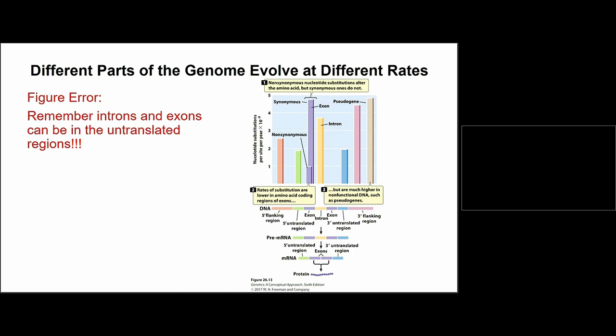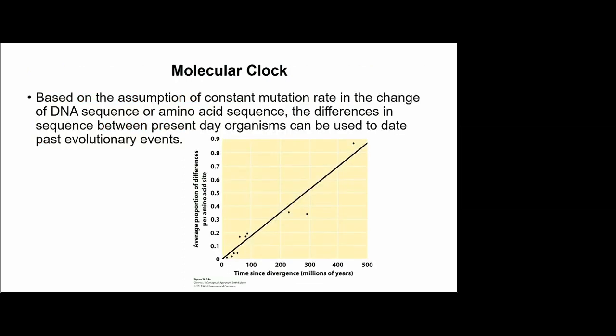And then we can use that to make a prediction backwards to figure out when they had a common ancestor. We use this as the molecular clock, right? So based on the assumption of a constant mutation rate, we can take the differences in the genetic information of present-day organisms to infer back to when they had a common ancestor. All right, does that make sense?